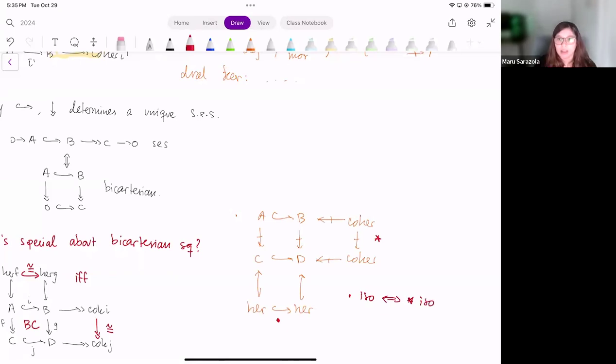So that's a property that I'm asking for my double categorical structure. And in this case, I'm going to say that the square is distinguished.